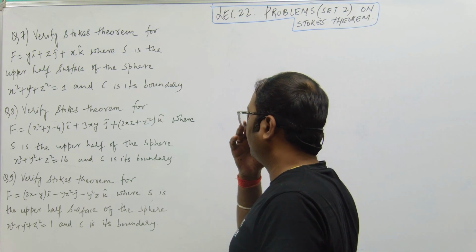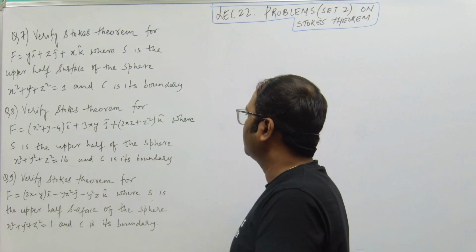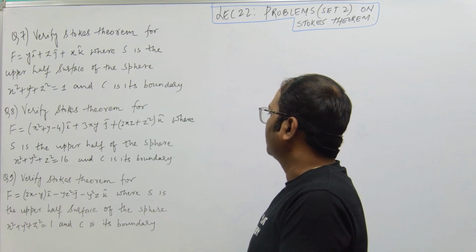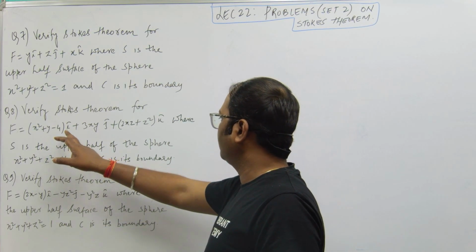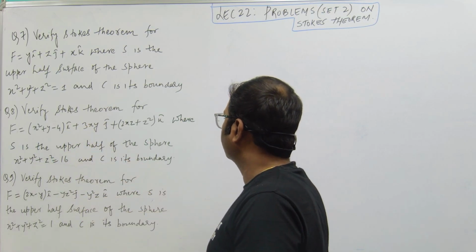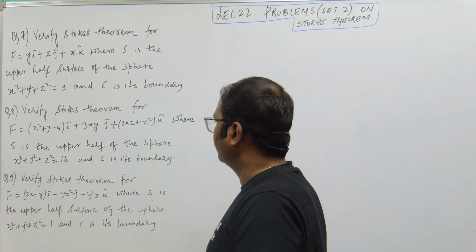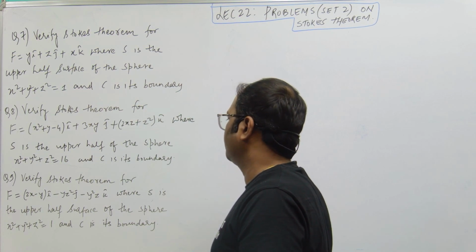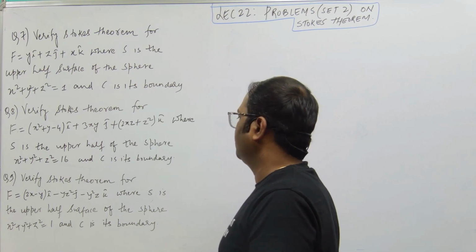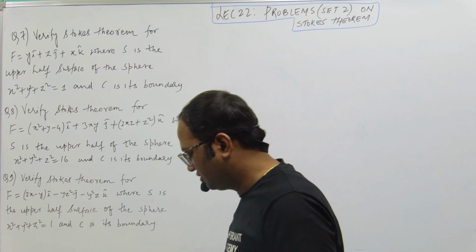Verify Stokes theorem for F equals (x square plus y minus 4) I cap plus 3xy j cap plus (2xz plus z square) k cap, where S is the upper half of the sphere x square plus y square plus z square is equal to 16 and C is its boundary. So let us solve this.